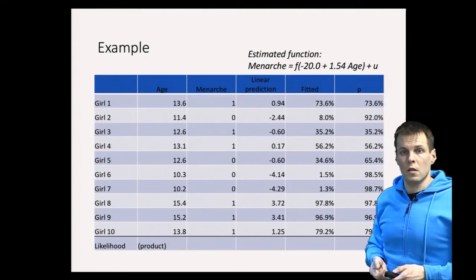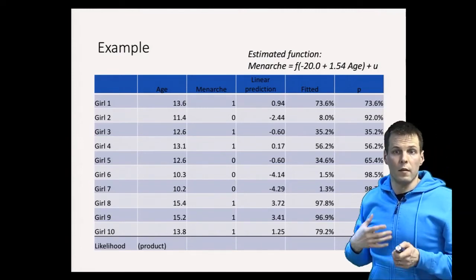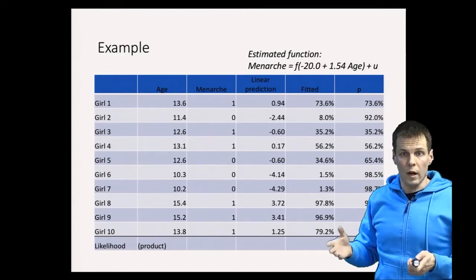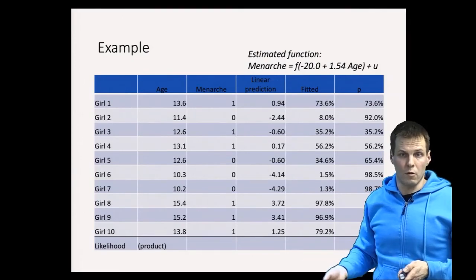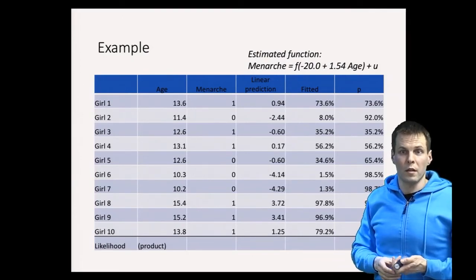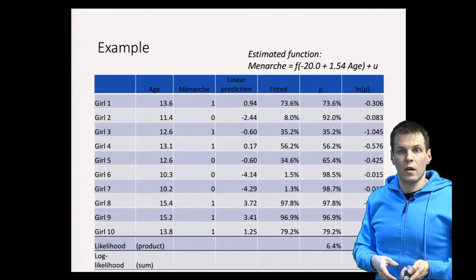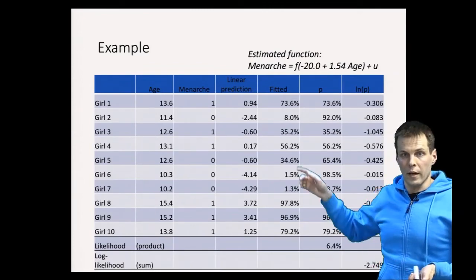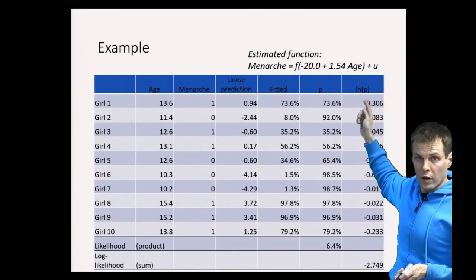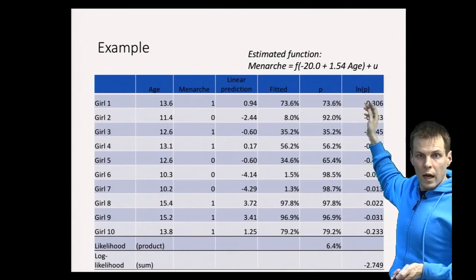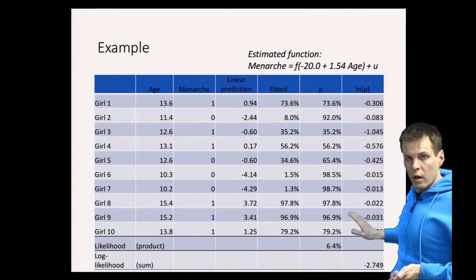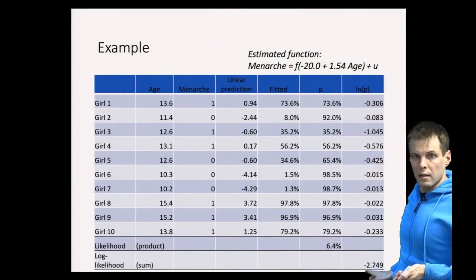For computational reasons, we don't typically work with these raw likelihoods and multiply them together. Instead, we work with logarithms. So we calculate the logarithm of the likelihood, called the log likelihood for each individual observation, and we take a sum of these log likelihoods, and that gives us the full log likelihood of the sample.